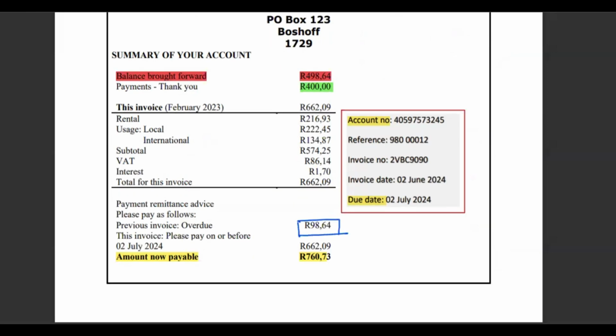So we have here number one, followed by 2, 3, 4, 5, 6.